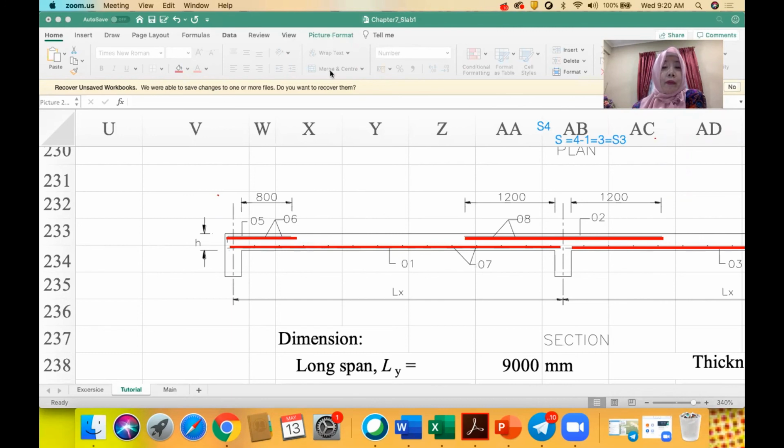Then locate the secondary steel here. The dot one is the secondary. We name it secondary as 06. So this is secondary steel. Just do dot like that.